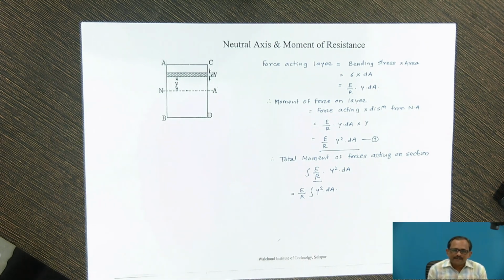Now for the equilibrium condition, the moment of resistance acting on the section of the beam should be equal to the maximum bending moment to which the beam is subjected.